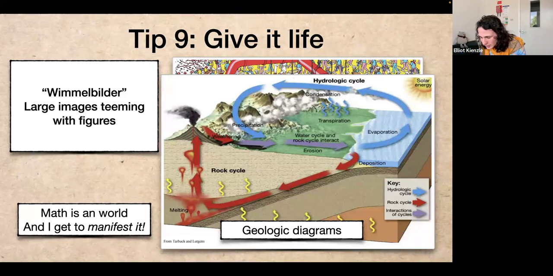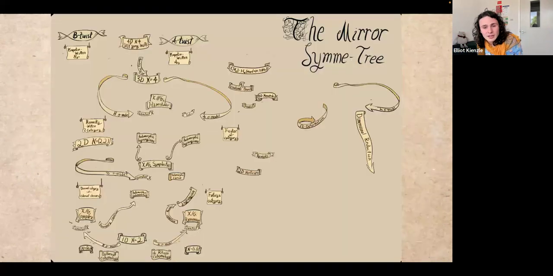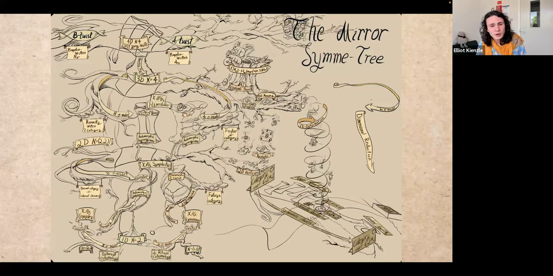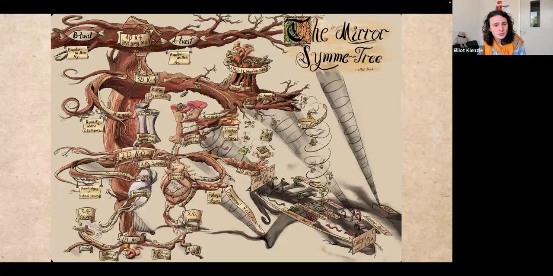What's so great about it is that I get to manifest it. I get to make the diagrams that show how it relates. I get to build my own worlds inside of math. That's why I love it. So it means that I can't just start with the ideas and with arrows connecting them. I really need to show the framework around it. I need to give it colors.